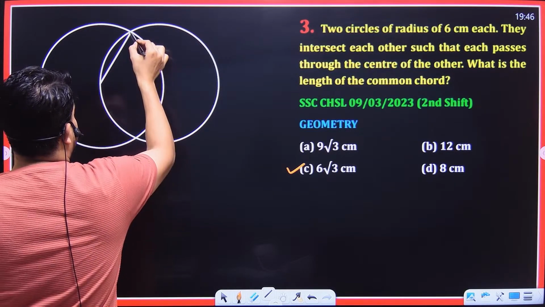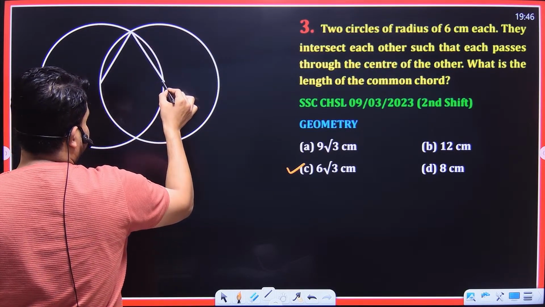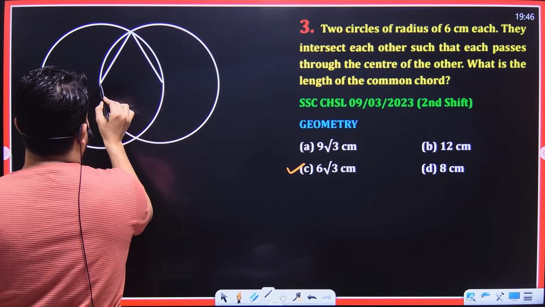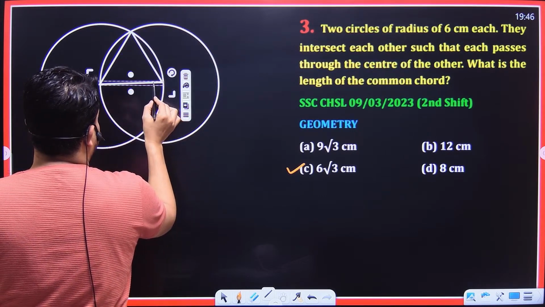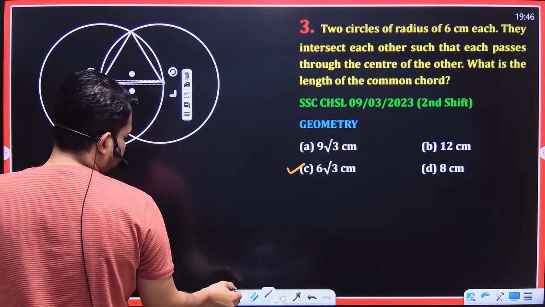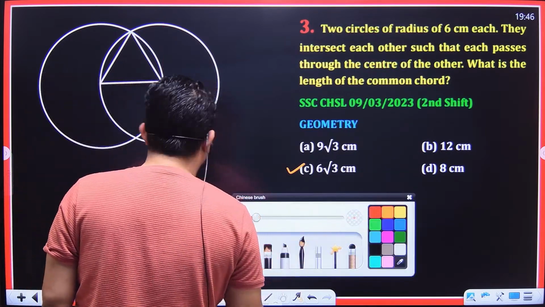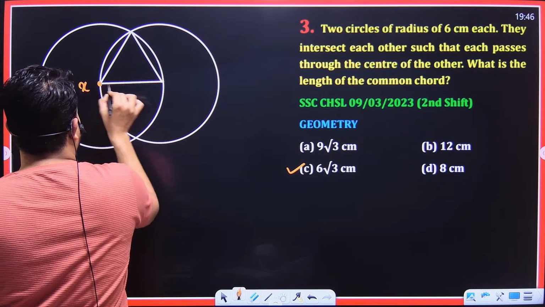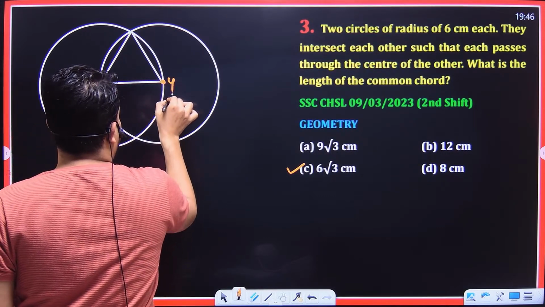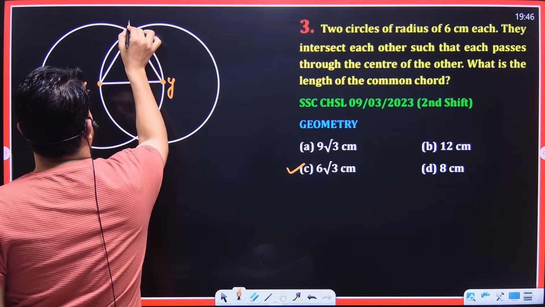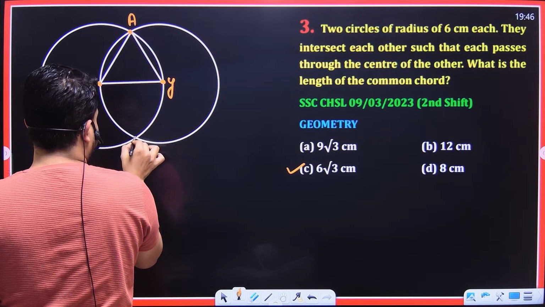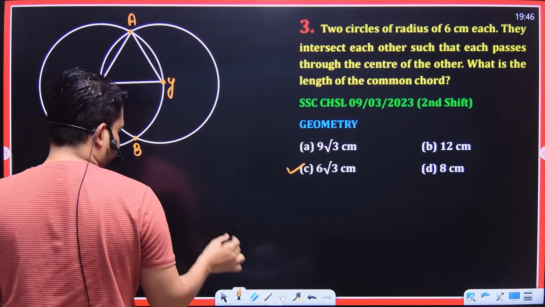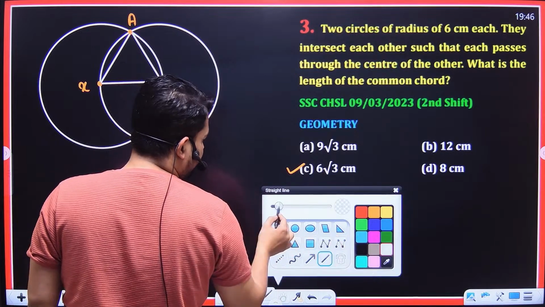This one is the center of the second circle, and this one is the radius. And this one is also the radius. The radii are equal. Suppose this one is center x, this one is center y, this point is a, and this point is b. This AB is the length of the common chord.